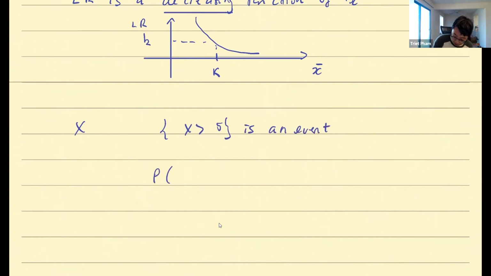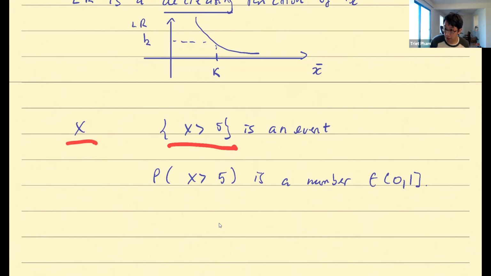Saying the probability that X is bigger than 5 is a number between 0 and 1. X is our test statistic. This is a critical region. This is alpha. So they're different objects. They're all related, but they're different things. So this is our random variable, the test statistic.